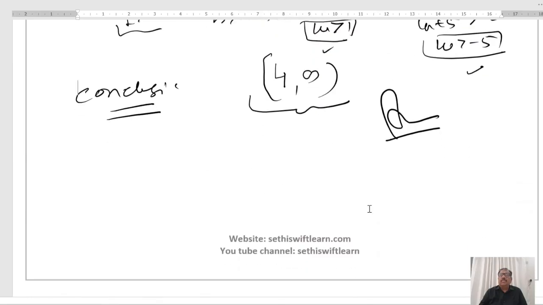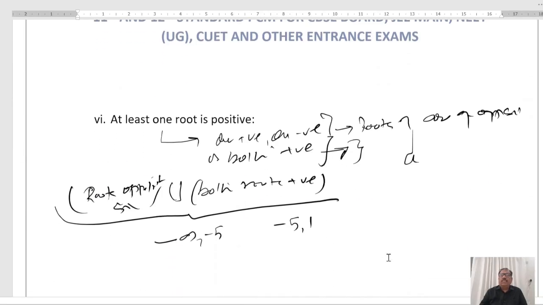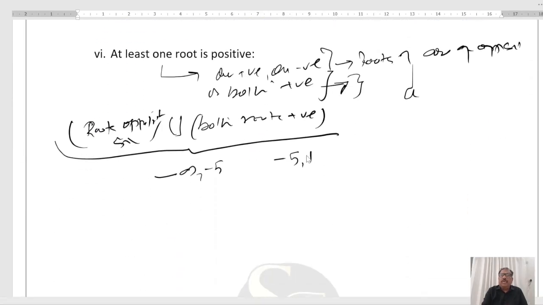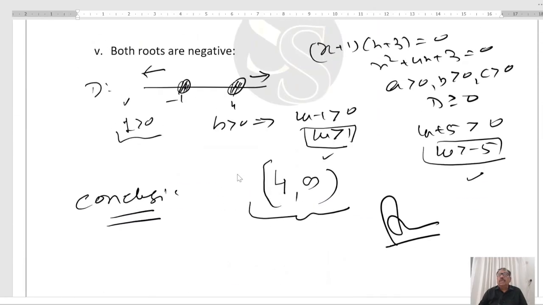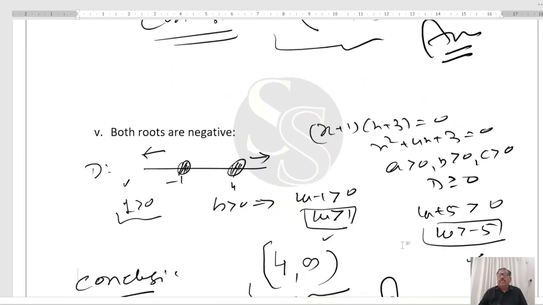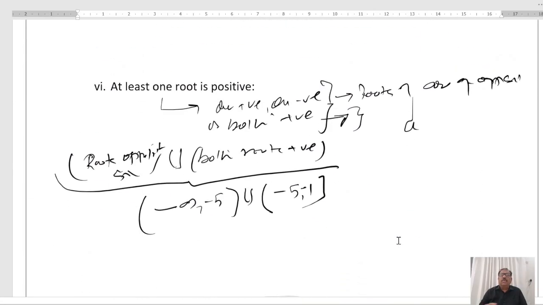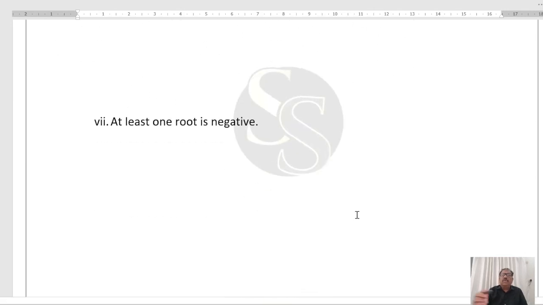That is minus 1. Minus 5, minus 1. This will be like this. This will be this union. This will be the answer for that. Minus 5, 1. Right? This is for at least one root is positive. This is the answer.